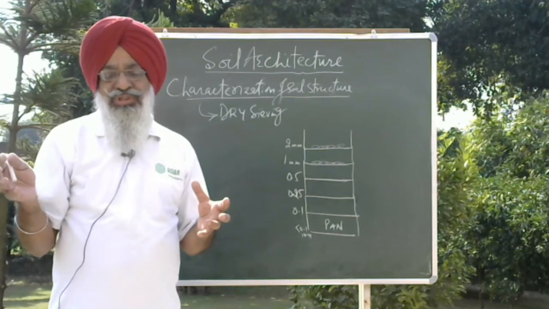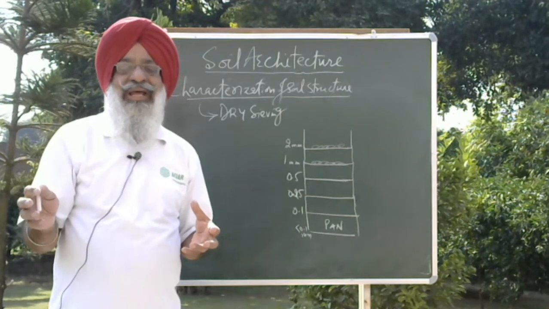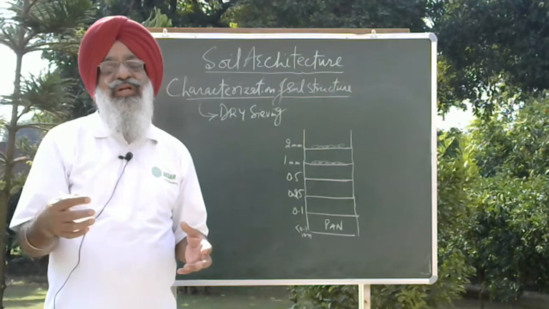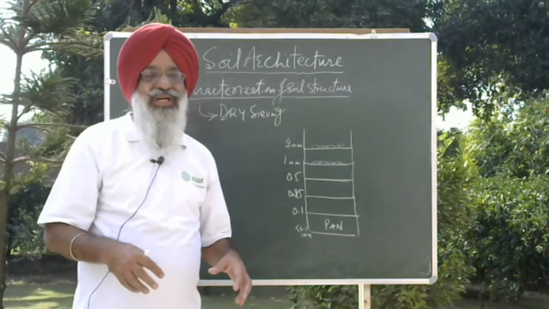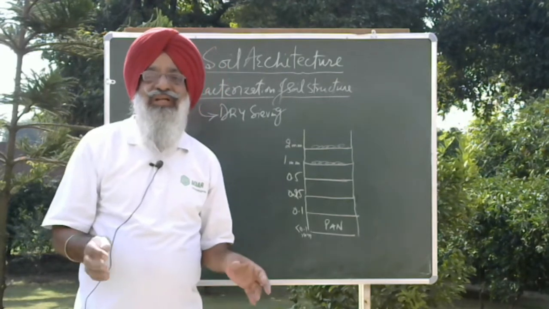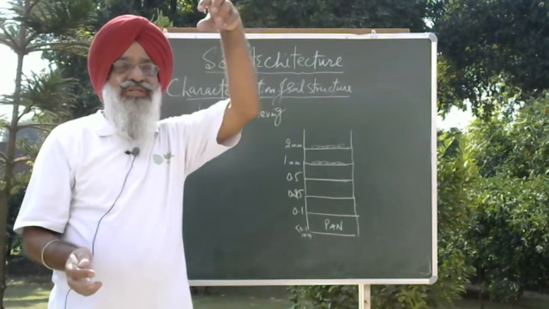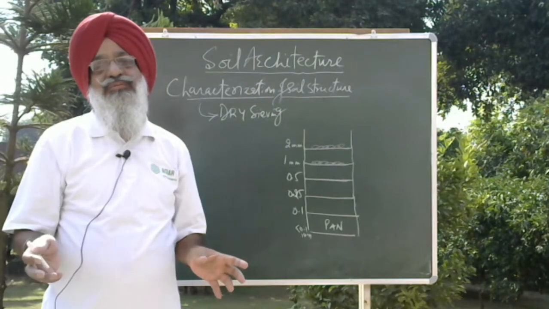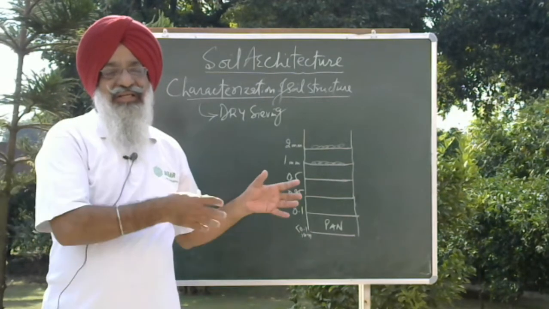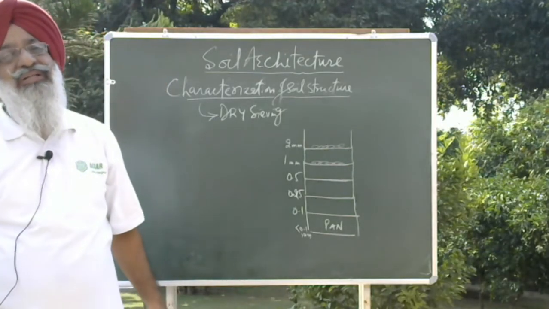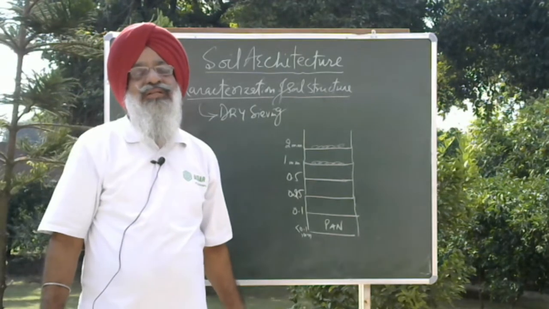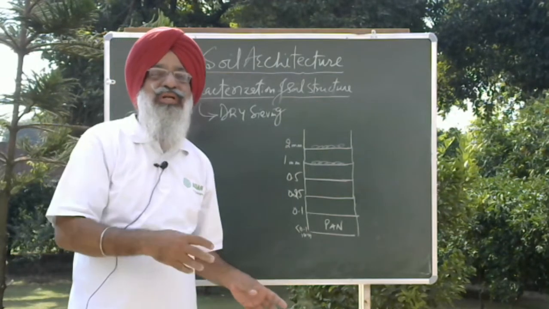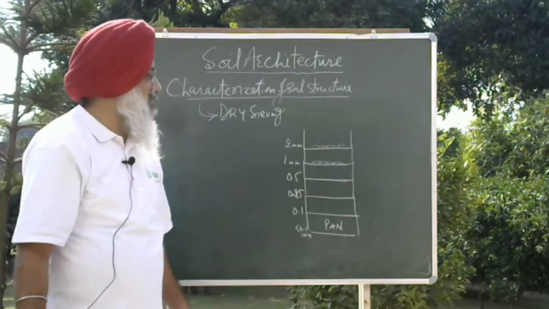But most of the time our agricultural soils are moist, could be wet also sometimes, and when rainfall is there, rainfall may have two types of action. One is that rainfall directly strikes the aggregates and breaks them down because of its kinetic energy, and second is that when these aggregates are wetted by the runoff water, again the aggregates may get destabilized and get broken down into more stable aggregates.